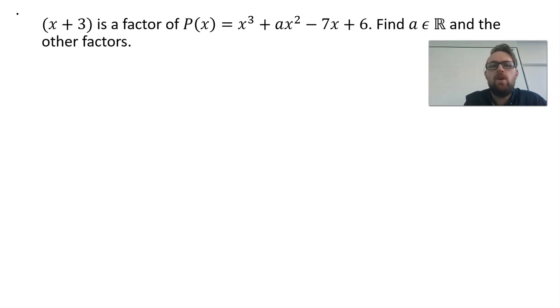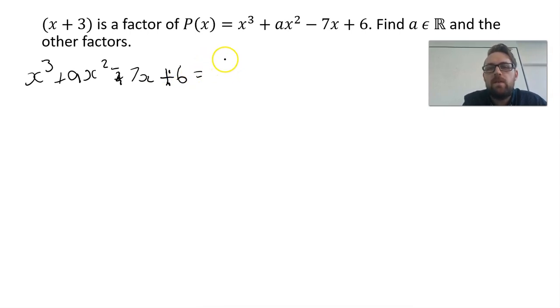Okay, so what we know is they've given us the polynomial, so x cubed plus ax squared plus 7x plus 6 equals, they've given us one factor, x plus 3. All right, and if we have a linear term, we know to get to a cubic, we need to multiply it by a quadratic.